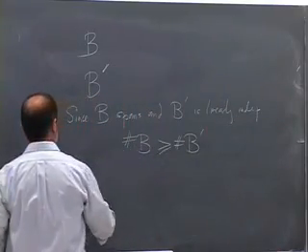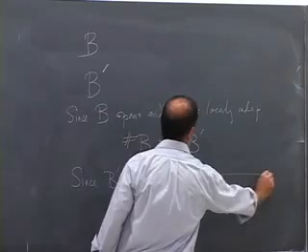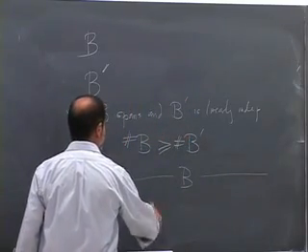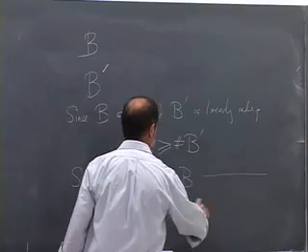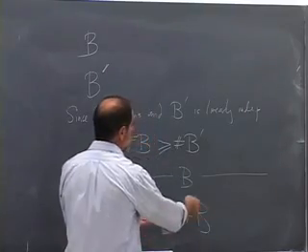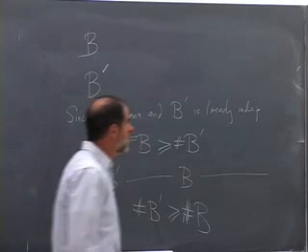And since B prime spans and B is linearly independent, we know the number of elements in B prime is at least the number of elements in B. And if you have two integers and they're both greater than or equal to each other, they have to be equal. Okay?